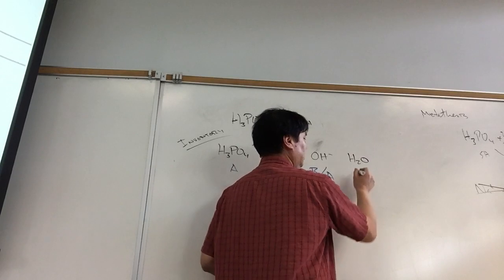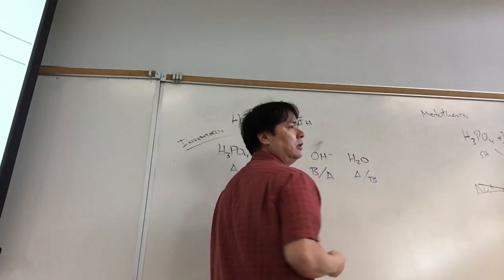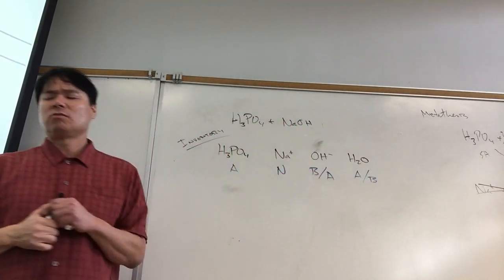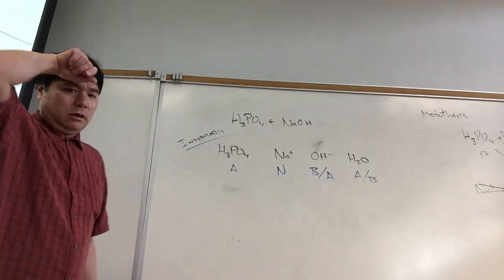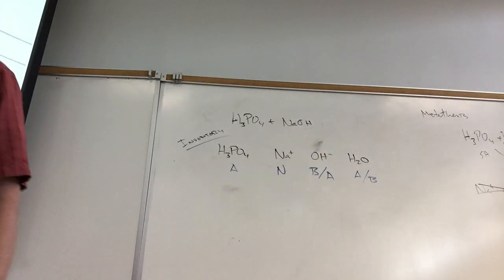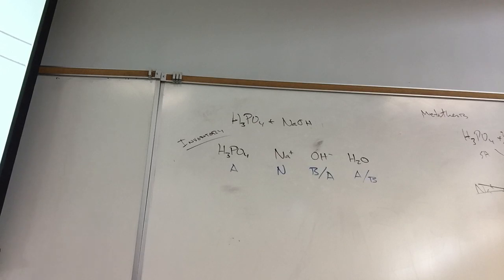Water, on the other hand, is equally good either way. And so water is equally good at picking up a proton or losing a proton. And so it's both an acid and a base. But we don't have to make any judgments about which one's stronger, because all we have to do is look at the chart. And so when we consult the chart, we look for the strongest acid.